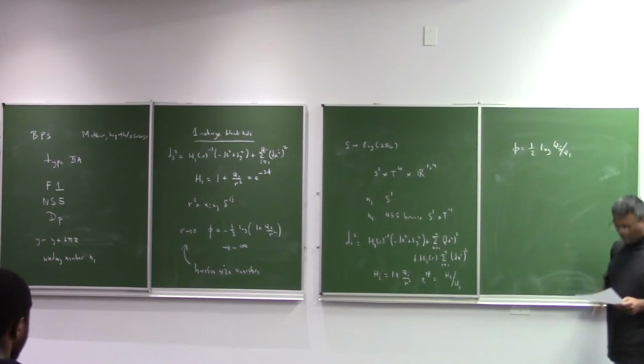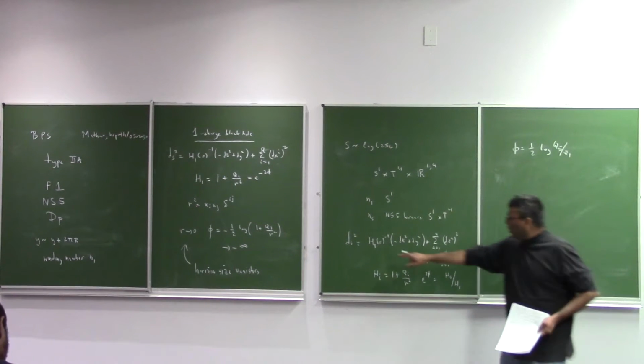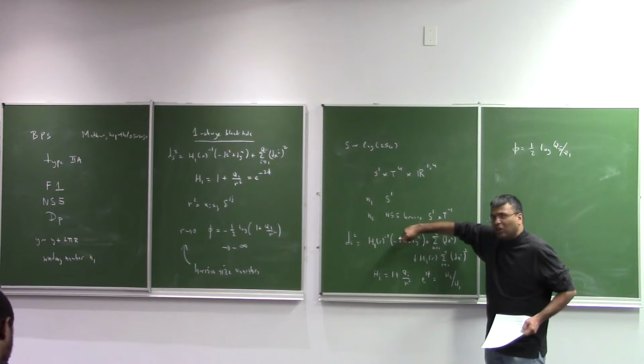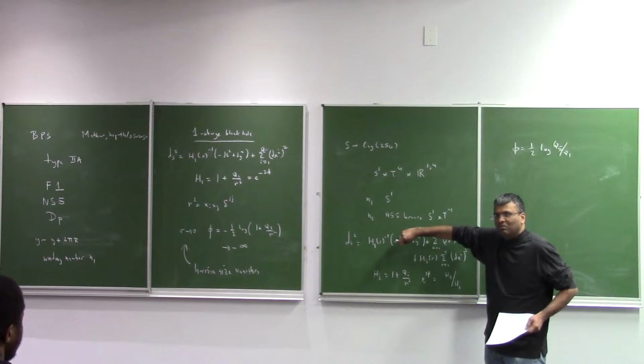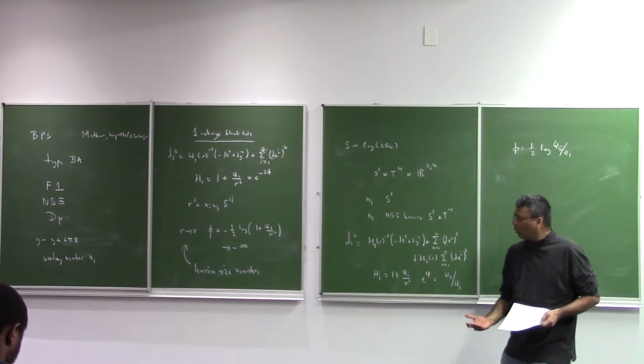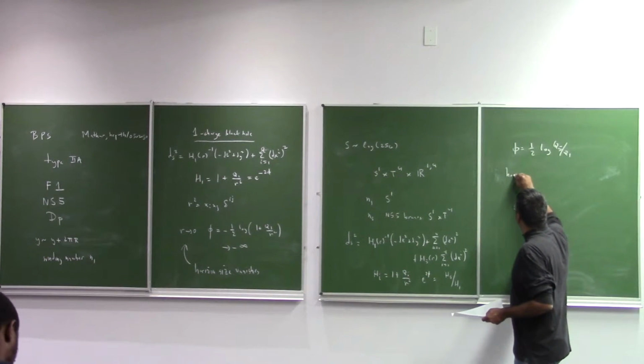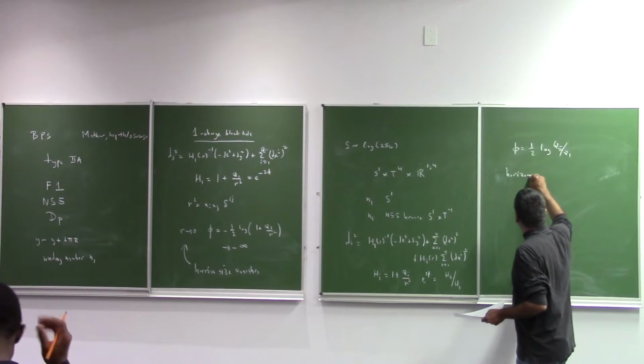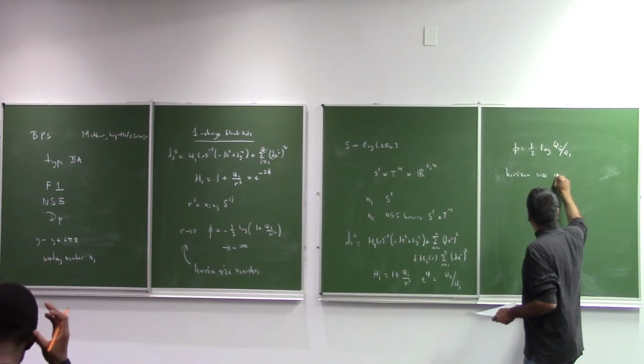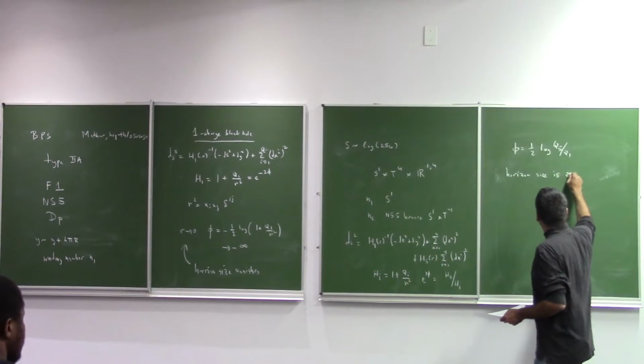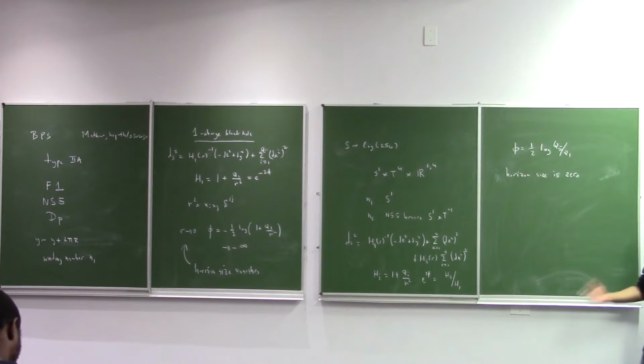So we're in slightly better shape than before, but again, in the r goes to 0 limit, this collapses. Okay? So again, the horizon size is 0 with a 2-charge black hole.